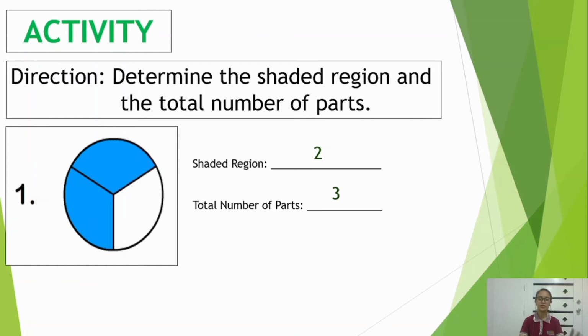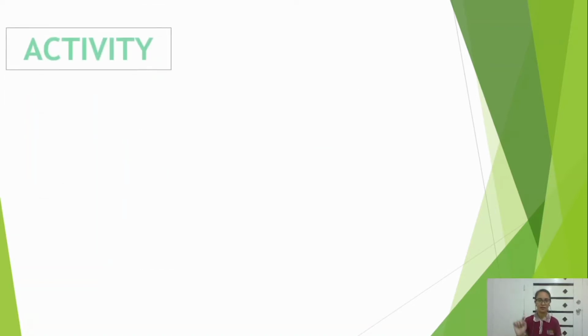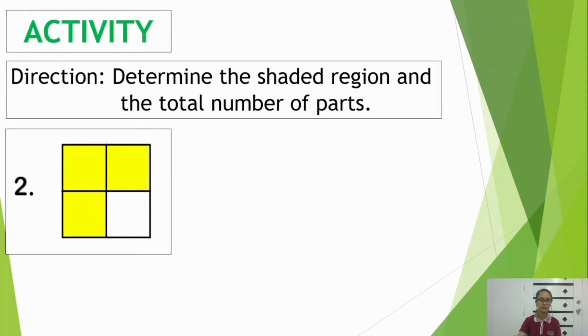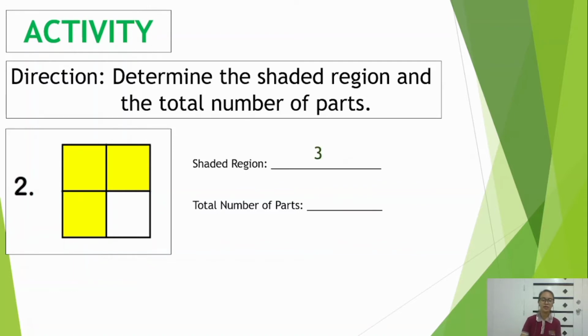So, the shaded region is 2 and the total number of parts is 3. Madali lang, di ba? So, the next one. Number 2. How many shaded region? The number of shaded region is 3 and the total number of parts is 4.